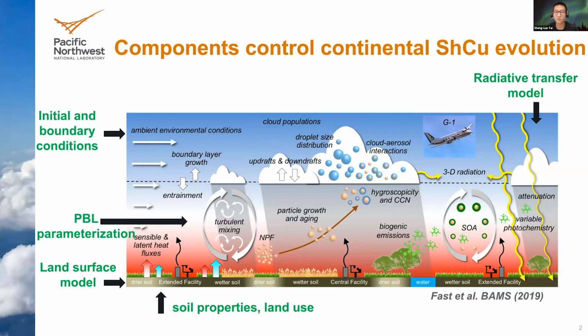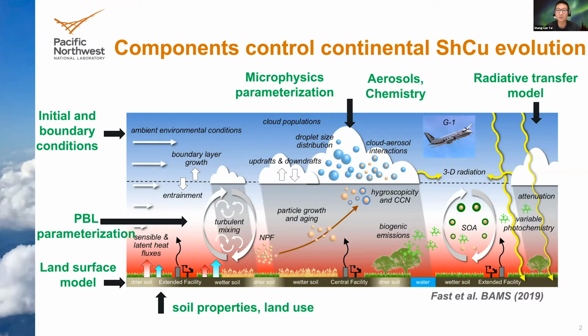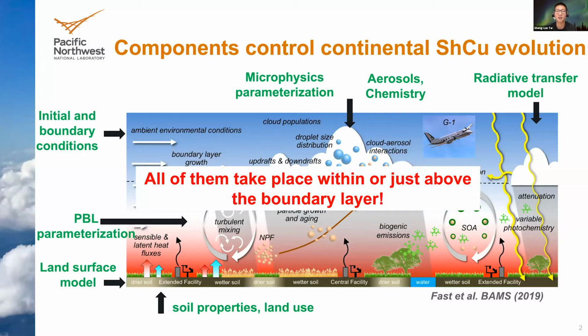The PBL scheme mimics the turbulent mixing process. Finally, as the cloud forms, the microphysics scheme and chemistry model are responsible for simulating the evolution of cloud particles. While these components are critical, all of them take place within or just above the boundary layer.